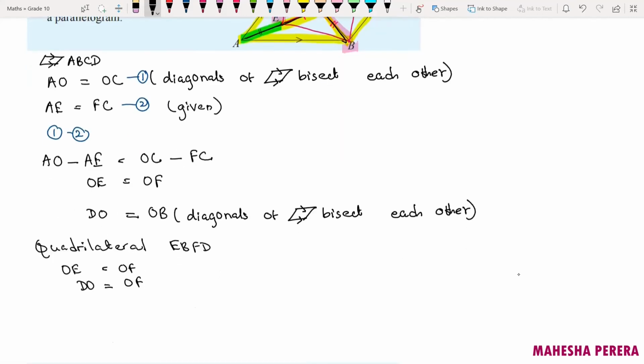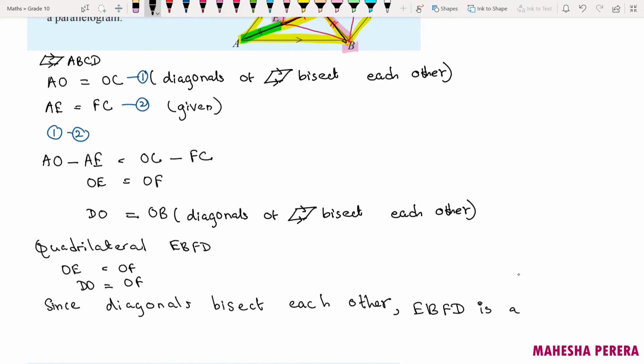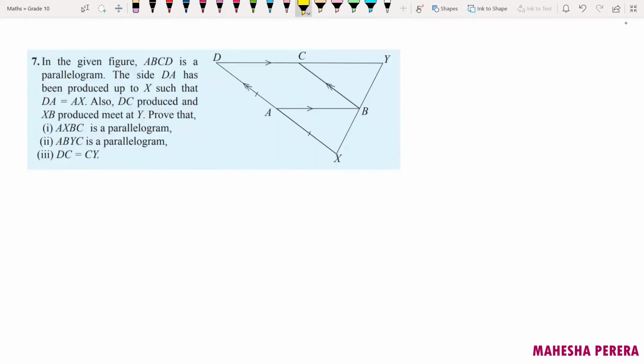So we can write like this: since diagonals bisect each other, EBFD is a parallelogram, right? That's the answer.